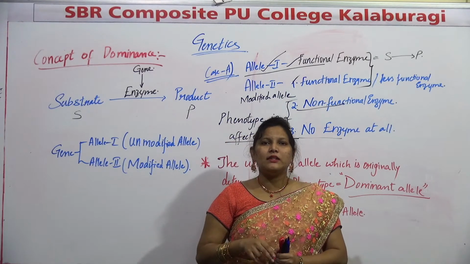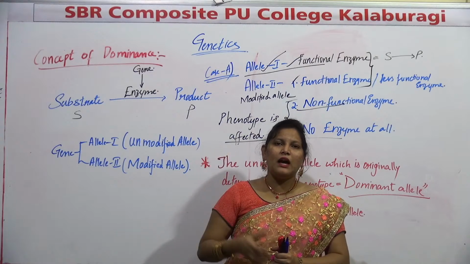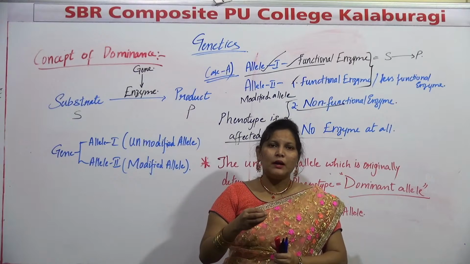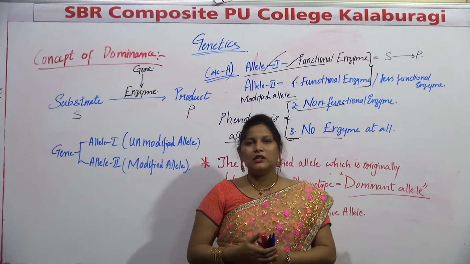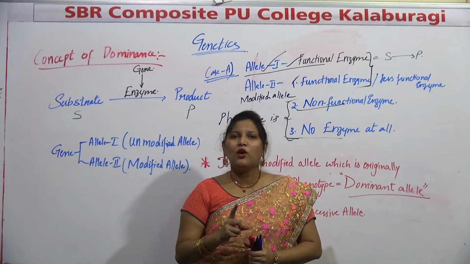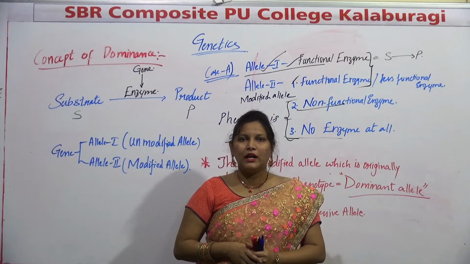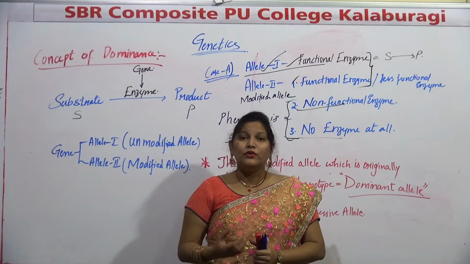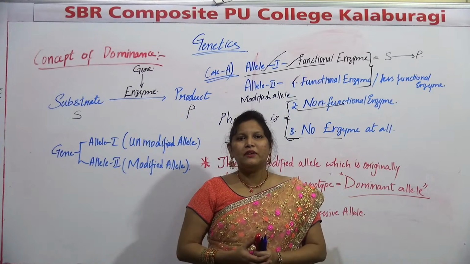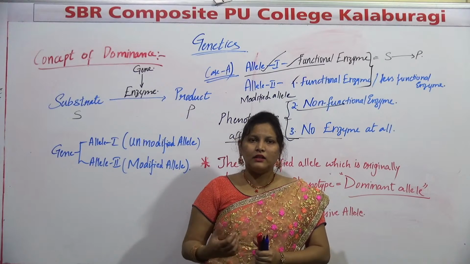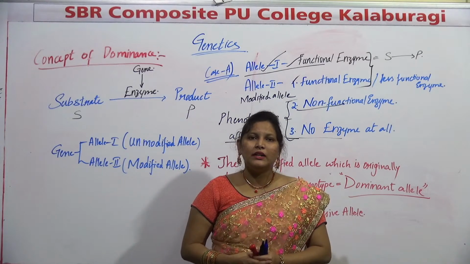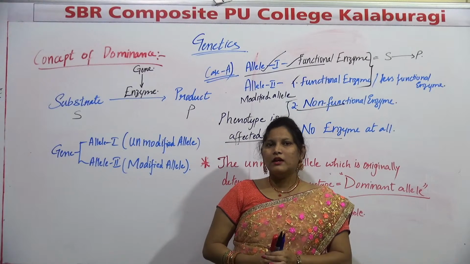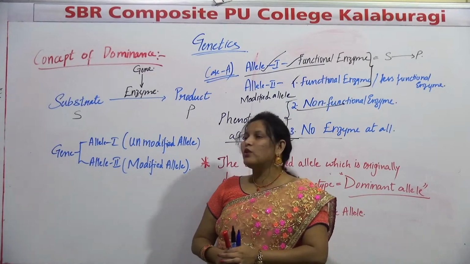In these two cases, the phenotype of the gene will be affected. In such cases, the phenotype of that gene is dependent only on the functioning of the unmodified allele. So ultimately, the unmodified allele, which determines the original phenotype of a character, is said to be the dominant allele and the other allele is the recessive allele. Okay, so this is the concept of dominance.